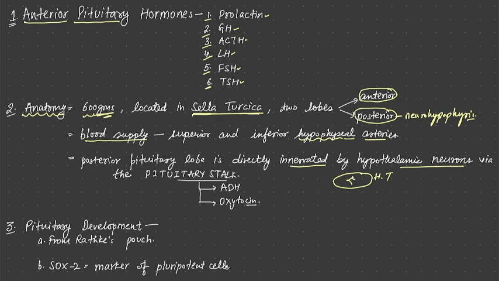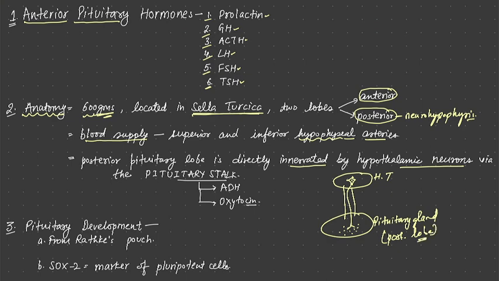Here are the cell bodies of the neurons, and this is the pituitary gland. This is the stalk. The neurons release the hormones in the pituitary gland. It will be the posterior lobe.